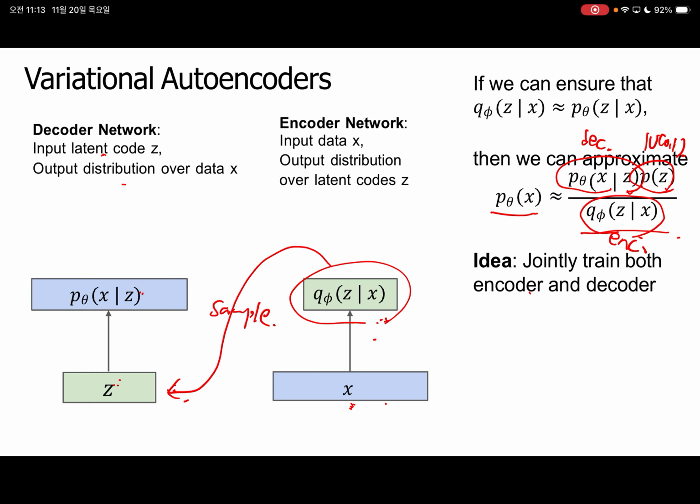From this picture, we can guess which loss functions we need to use, right? There should be two loss functions. The first one is to make this latent Z include informative attributes of the input image. I mean, the output should be identical to the input image, right?